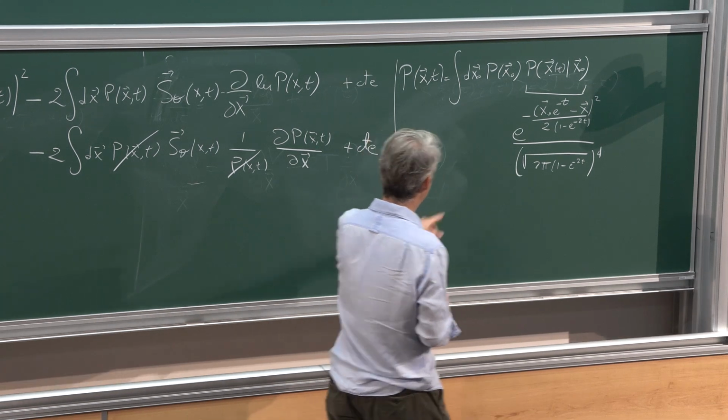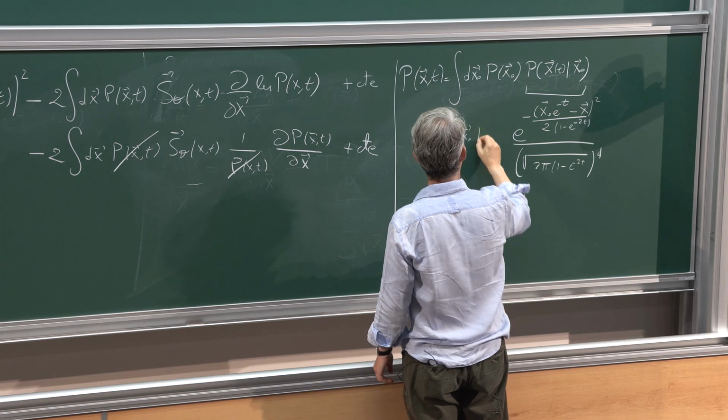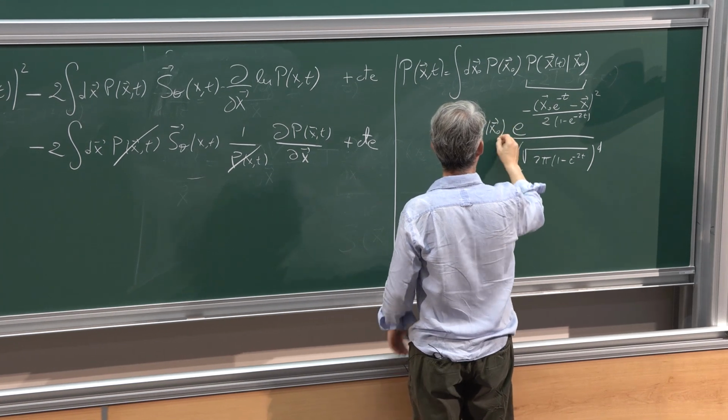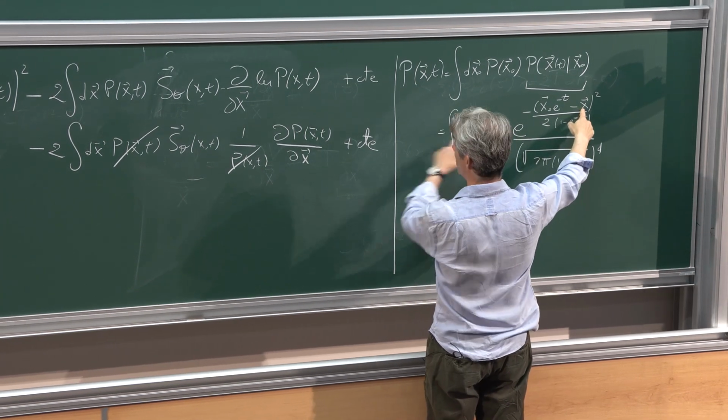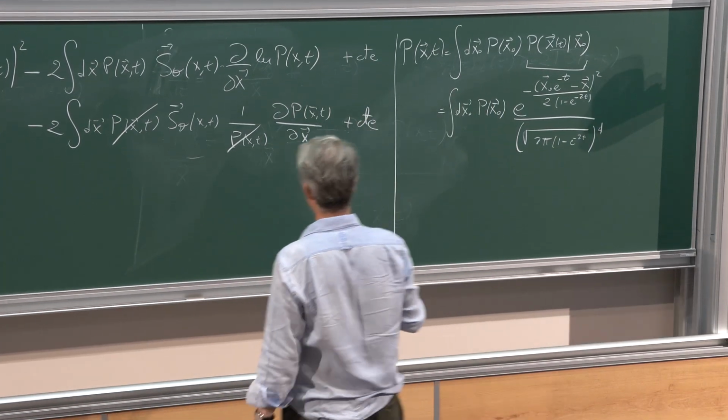Okay, and so now this is nice because if I rewrite this as dx0, dx0, now the dependence in x is here, so I can do this derivative. So let's do the derivative with respect to x.